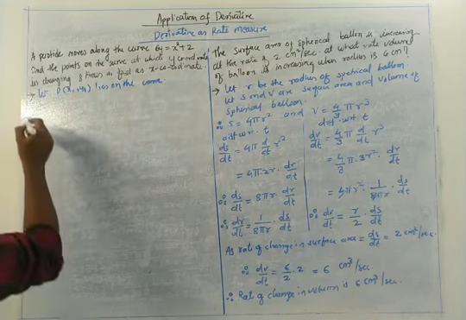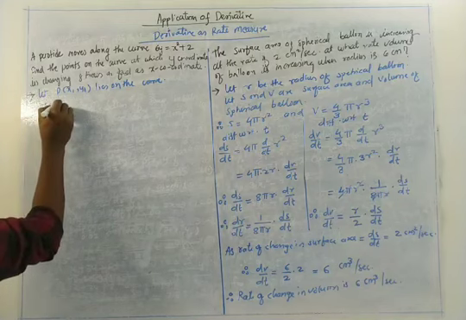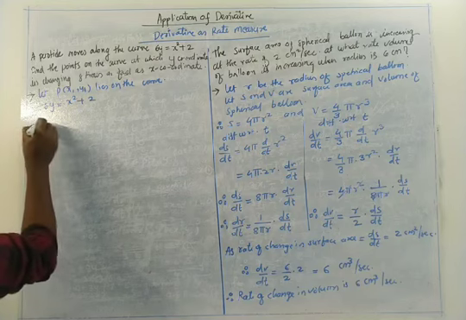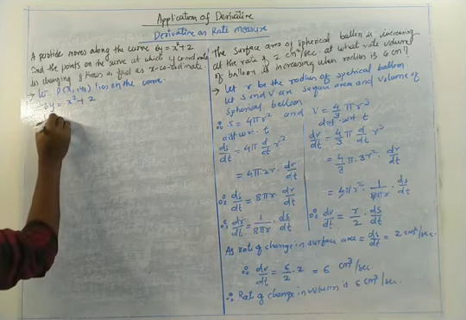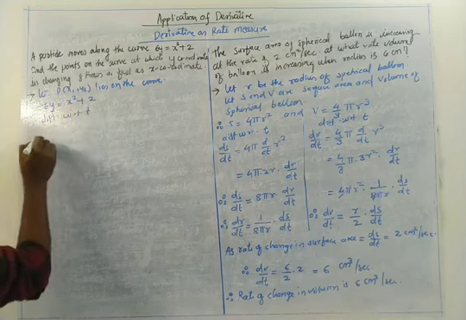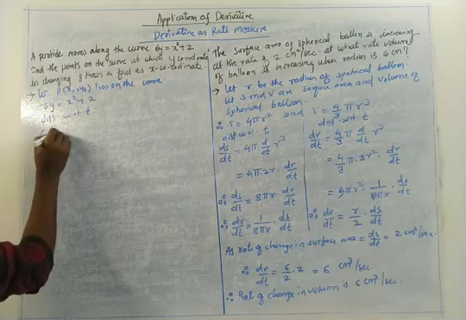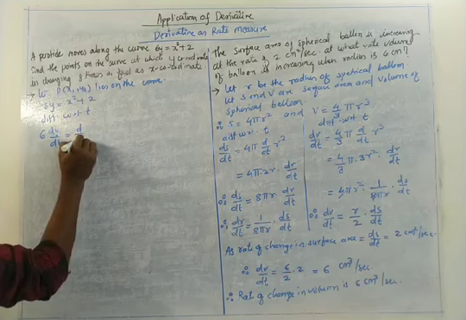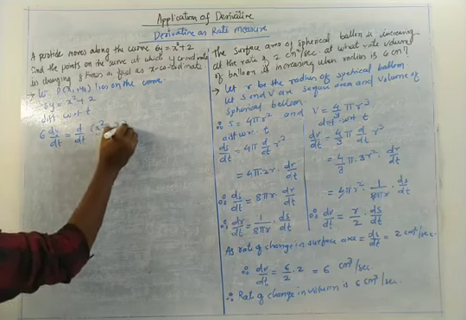Okay. Now write down the given equation of the curve: 6y is equal to x square plus 2. Start with differentiating with respect to time t. So 6 dy by dt is equal to d by dt of x square plus 2.